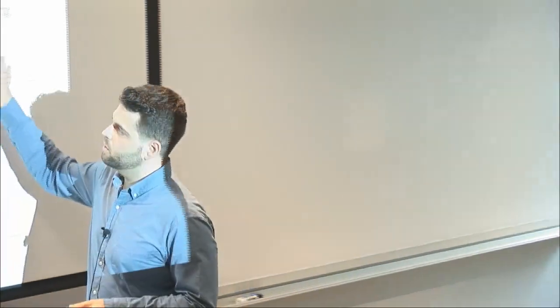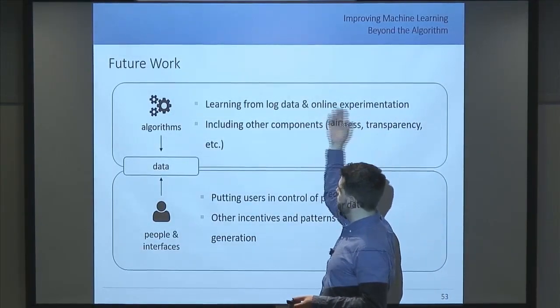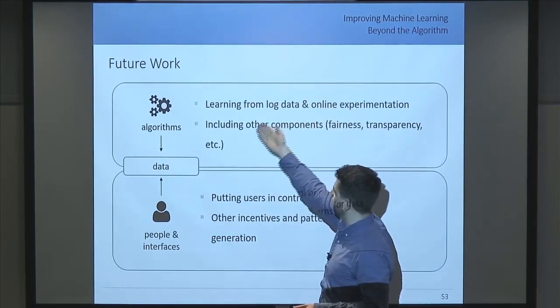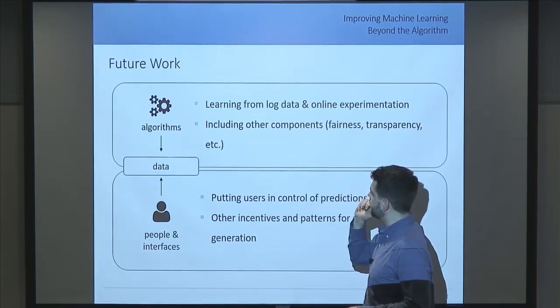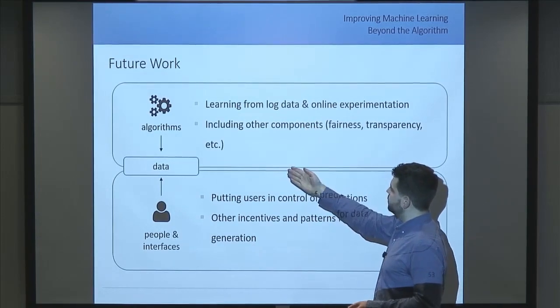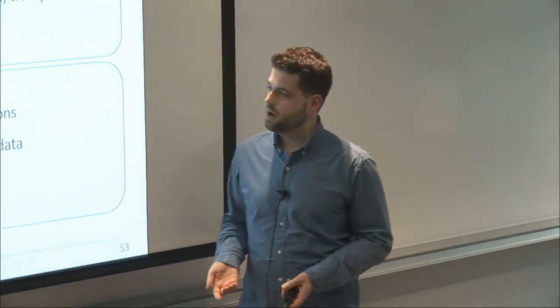On the algorithmic side, you can think about how to design online experiments so that you can learn optimally from log data and take care of the biases there. You can think about including other components, which is a growing area: fairness, transparency, interpretability, and so on.